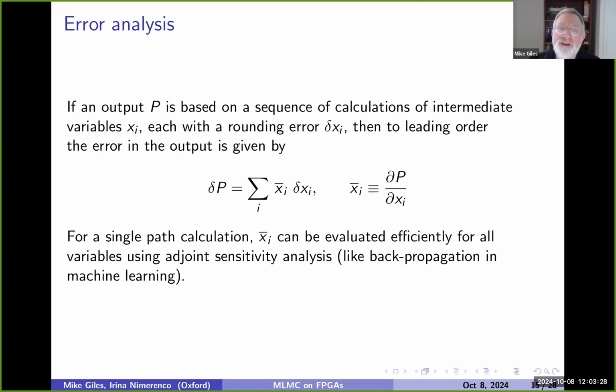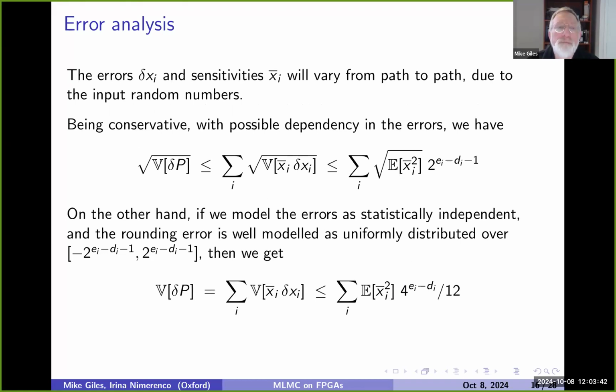And so it means that we can very efficiently compute all of these sensitivities to every single one of the intermediate variables within our calculation. Okay, so those errors and sensitivities will vary from path to path because each path has a different Brownian motion, different input random numbers.